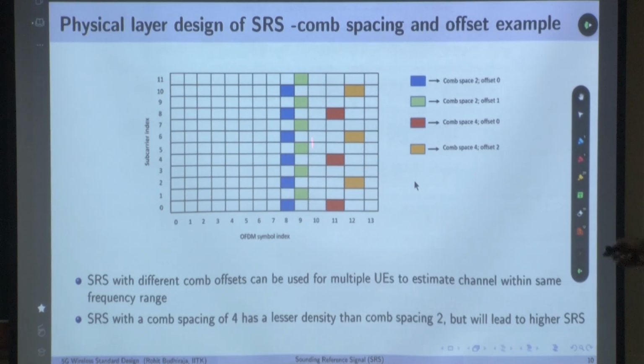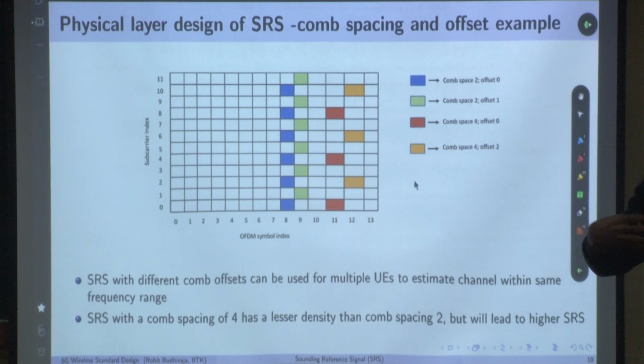By allocating one comb to user 1 and another comb to user 2, as a base station I am able to estimate the channel of these 2 users in the same symbol itself, for an entire, let us say, 275 PRB channel which is a 100 megahertz channel. So, this is one.